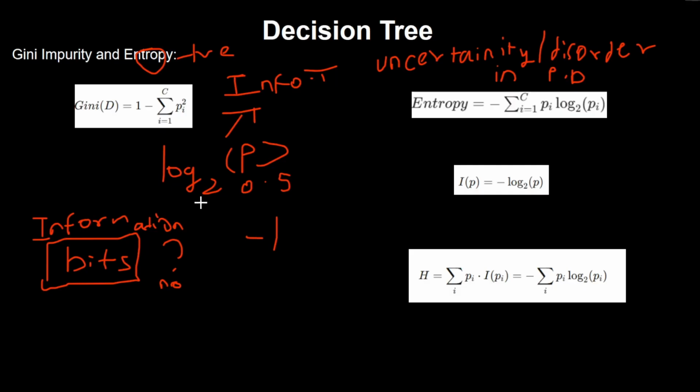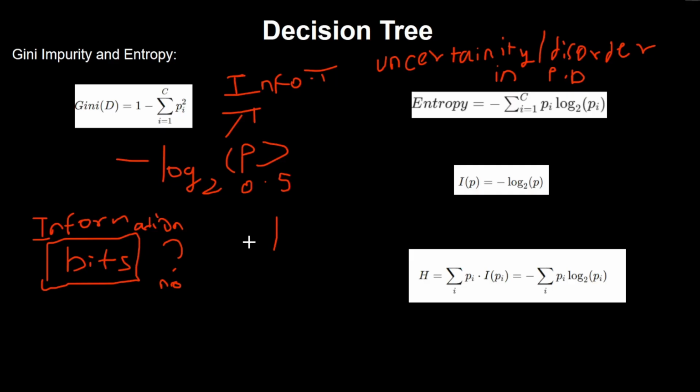The log of these decimal values is negative. So in order to match that, we need to use the minus in the formula so that it can be positive. That's where the minus in the formula comes from. So in turn, this would be positive.